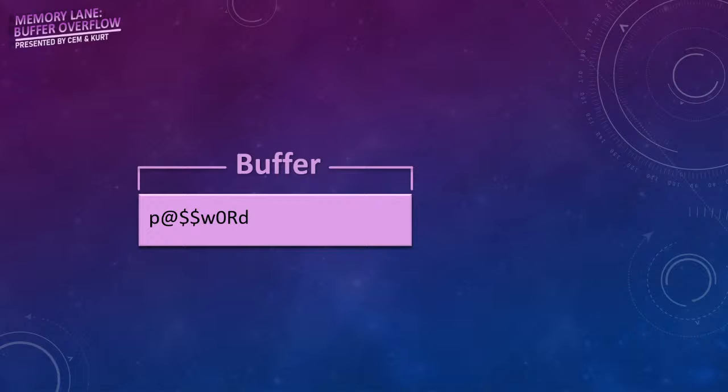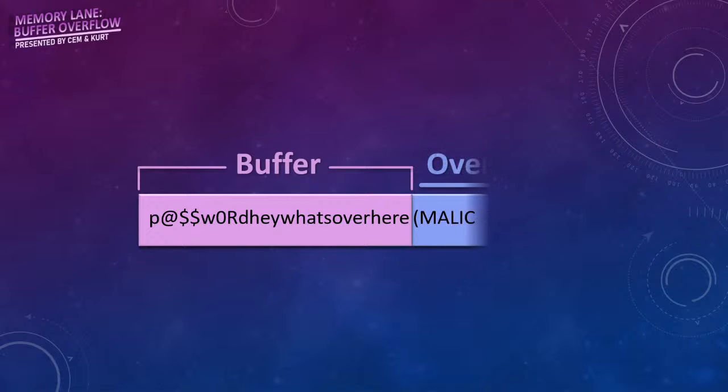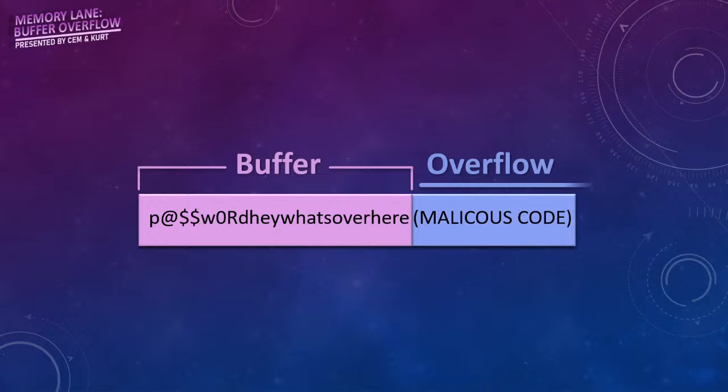Now, when we talk about a buffer overflow, imagine I were to put a lot more data than just my password. If there was no sanitization done, or in this case, meaning my input was not checked to see if it fits in the constraints of the buffer size, we could potentially break the boundary of the buffer and inject code into an overflow area. So that's a very simple explanation of a buffer overflow. But now you have a rough idea of what it is.